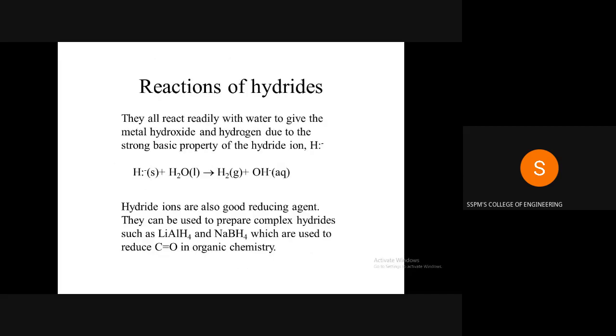Then reactivity of hydrides. They all readily react with water to give the metal hydroxides and hydrogen due to the strong basic properties of hydride ions. Hydride ions are also good reducing agents. So LiAlH4, that is a hydride, is a reducing agent.